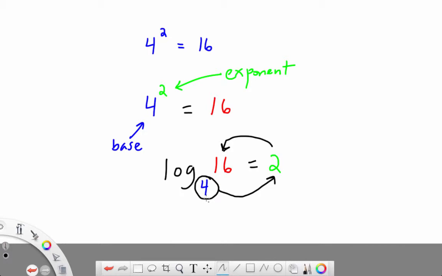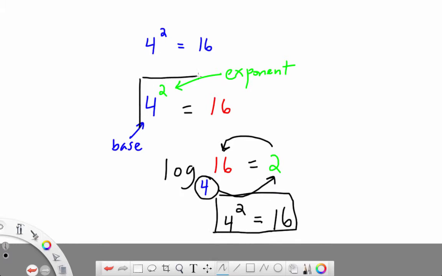So we start at the base, 4, we go across the equal sign, squared, we write the equal sign, and then we follow this arrow and we write 16. And you see this is the same as this. And this is called converting between exponential and log form.